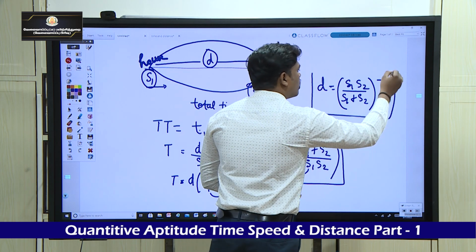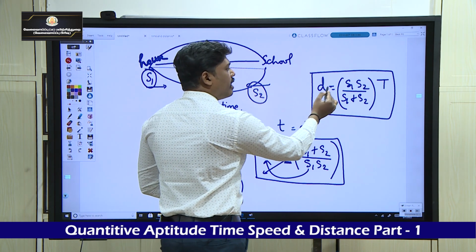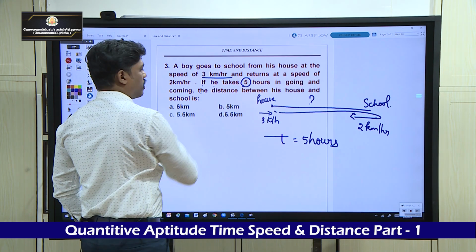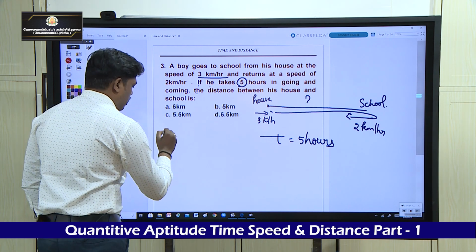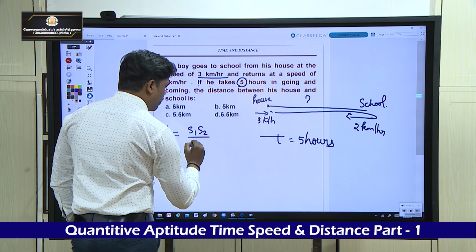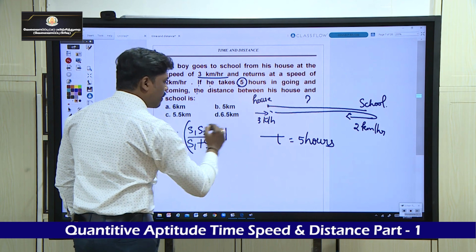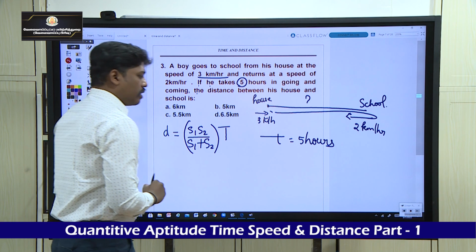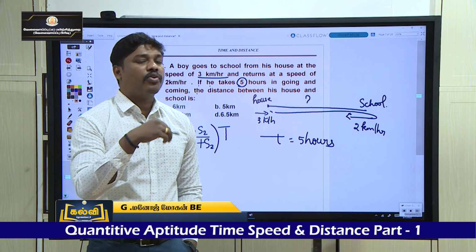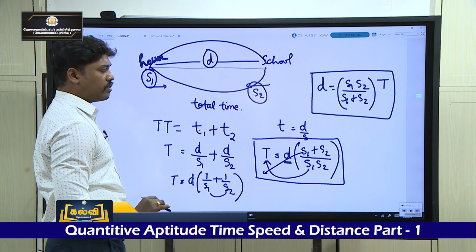So to find distance, this is the formula we are going to use: distance equals S1 into S2 divided by S1 plus S2, into the time. When you are memorizing formulas, don't just memorize. Know how those formulas came. So this is the explanation for how this formula came.